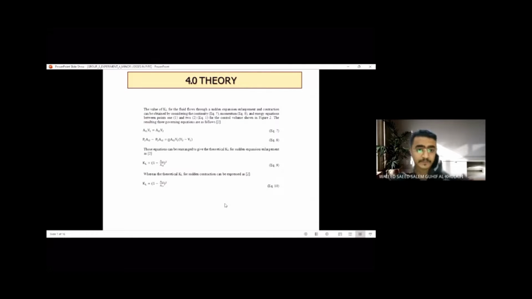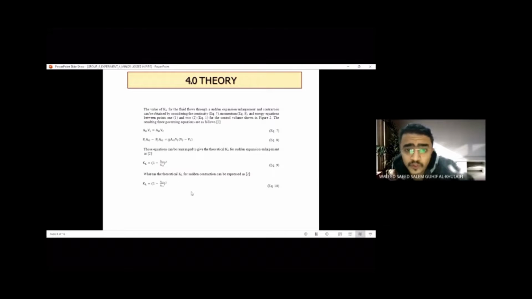As you can see here, the value of KL for fluid flowing through sudden expansion and contraction can be obtained by considering the continuity, which is equation 7, momentum, which is equation 8, and energy equations between points 1 and 2, which is equation 1.